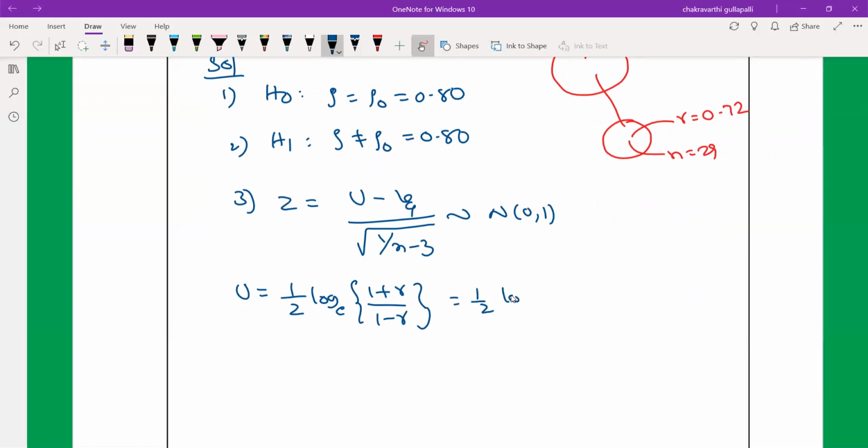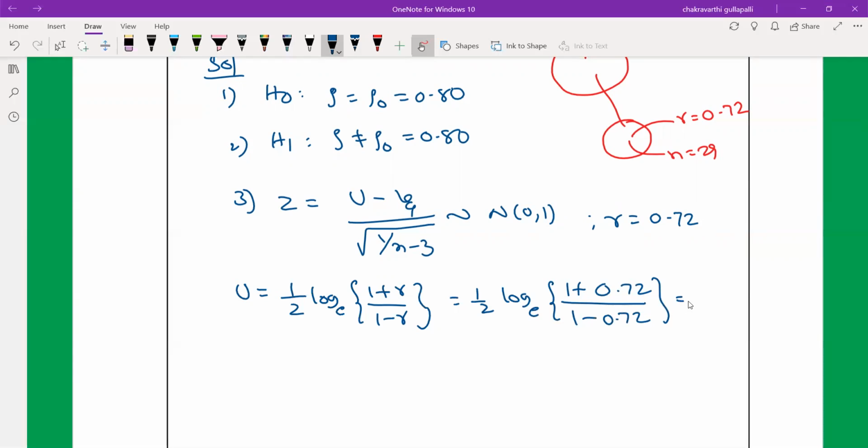The r value given in the problem is 0.72.